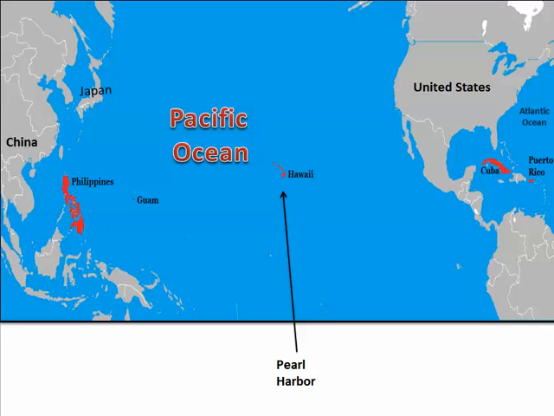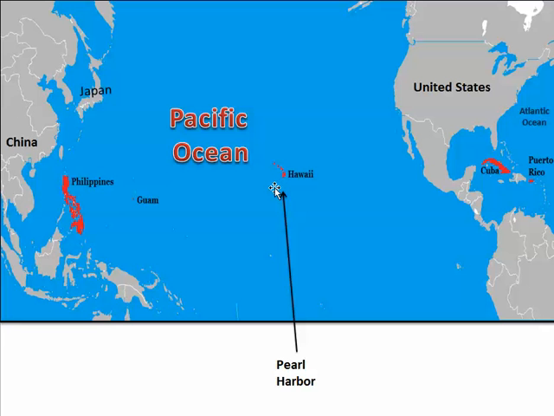We talked about Japanese expansionist policies as being a cause of World War II. These policies about expanding into the Pacific are what's going to cause the United States to leave isolationism and neutrality and eventually join the war. And here's Hawaii.